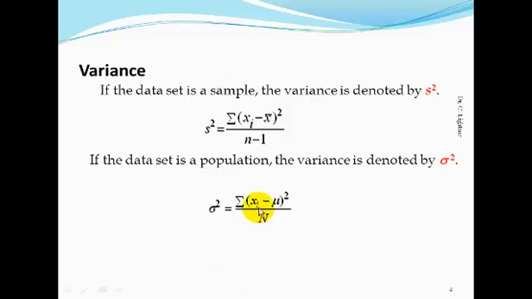The population variance is computed as the summation of the squared difference between each data value and the population mean, divided by the total number of items in our population, which is capital N. These measures can be easily computed if we set up the proper table.